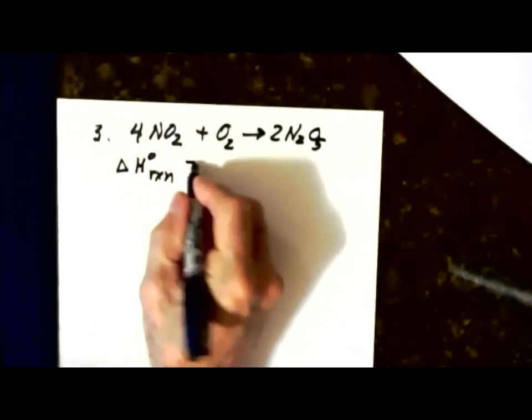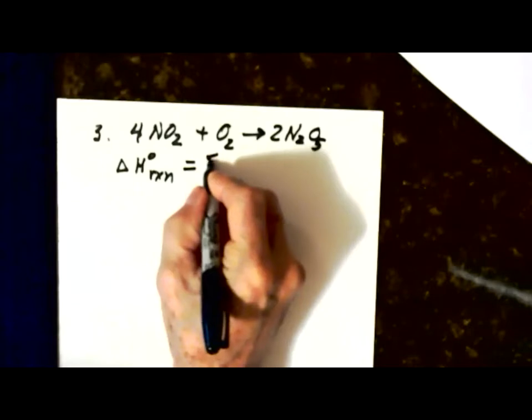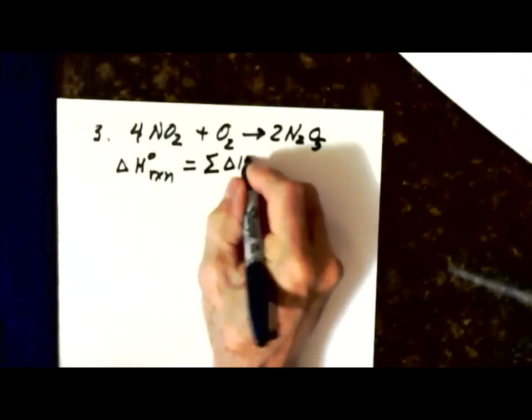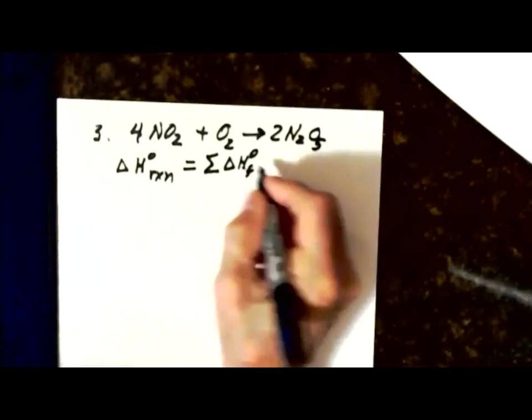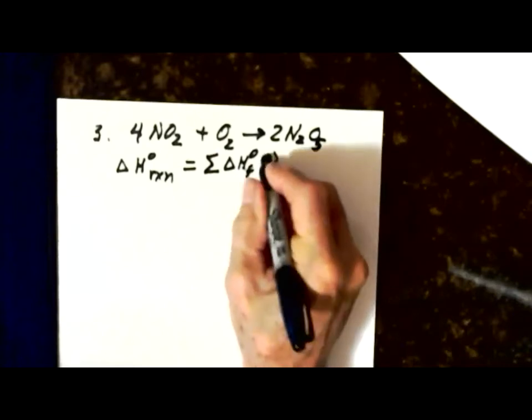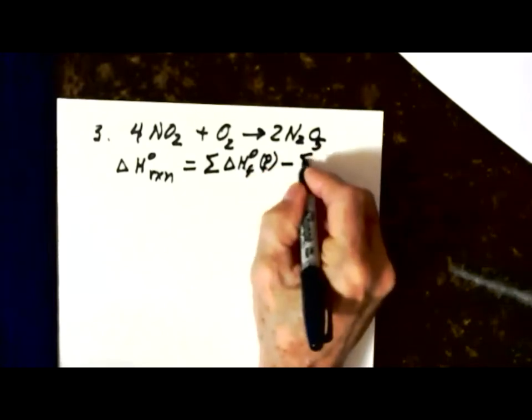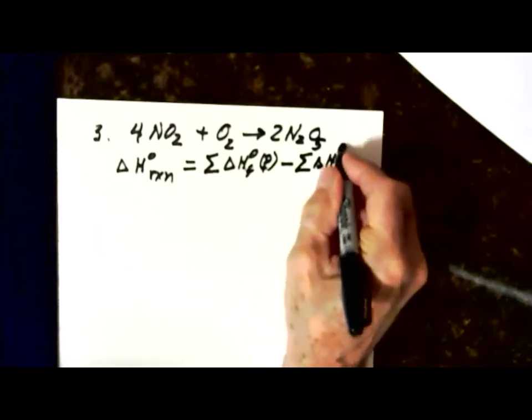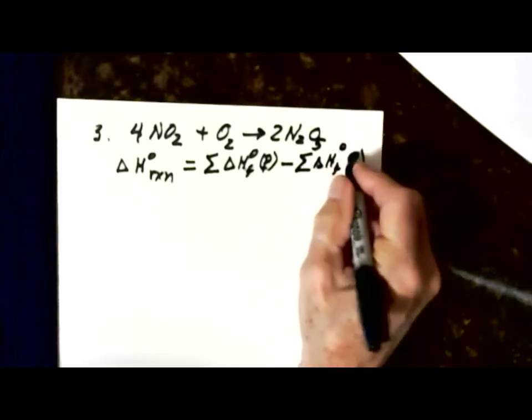Well, the relationship is delta H° is the sum of the delta H of formation of products minus the sum of the delta H of formation of the reactants.